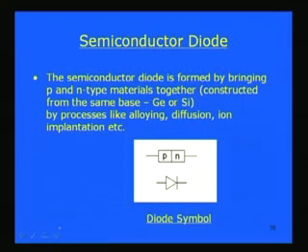So, this PN junction actually is the backbone of the semiconductor diode. A semiconductor diode is formed by bringing the P type and N type materials together. Whatever we have been discussing till now, basically this PN junction forms the diode. This diode is formed by special processes.